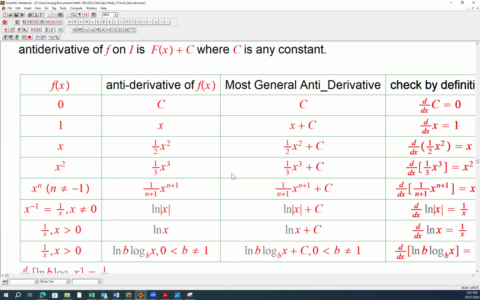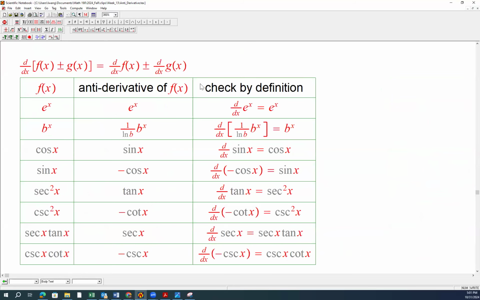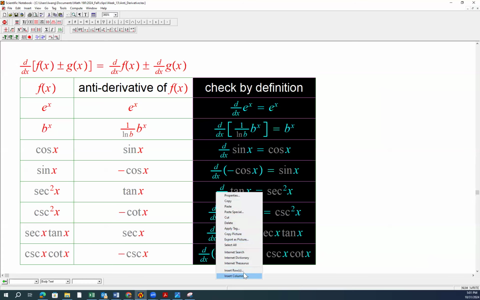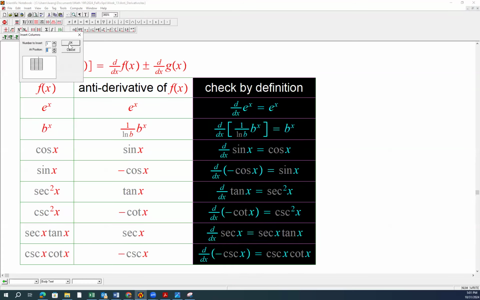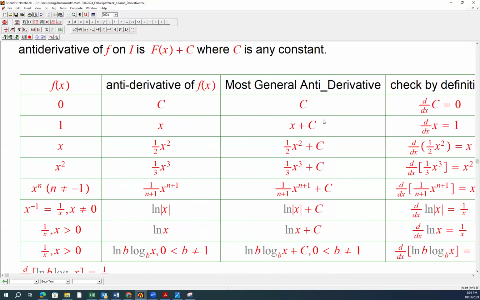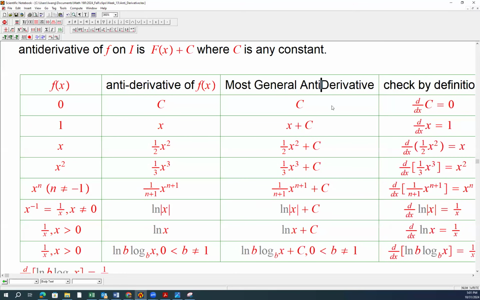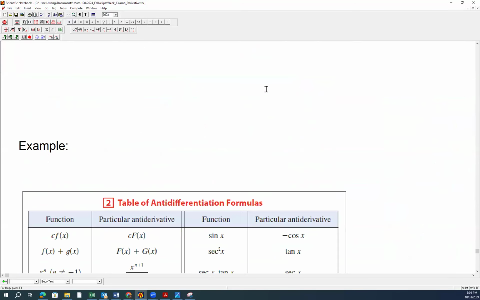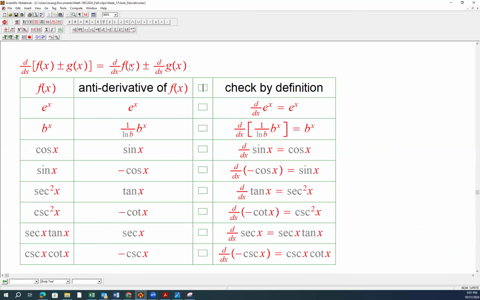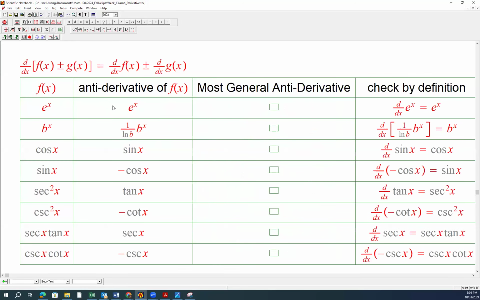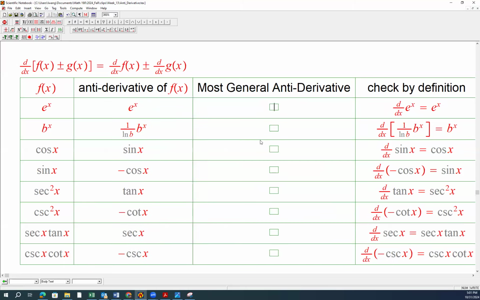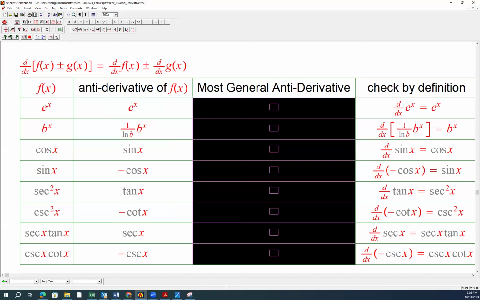All right, the same thing is true for the other forms. So the most general antiderivative would be all of these, plus constants.